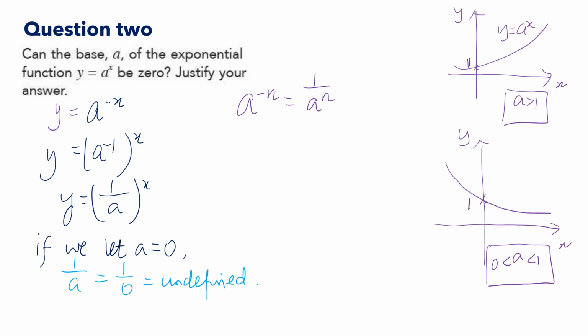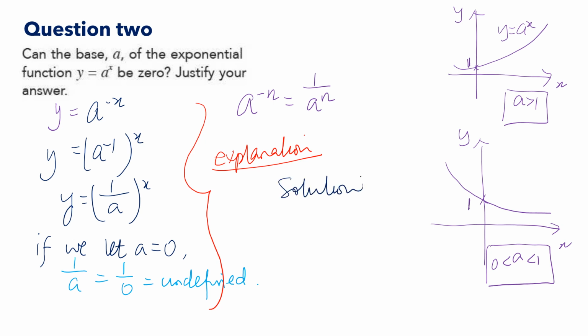Right, so how do you answer the questions? These are the explanation, or rather the concepts. So here comes the solution. To answer the question, we have to answer it as yes or no, because the question says, can the base of the exponential function be 0?